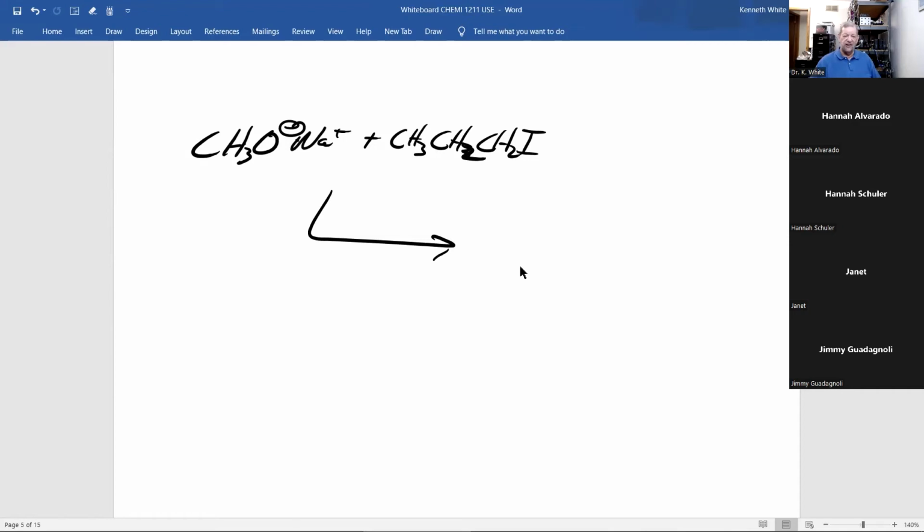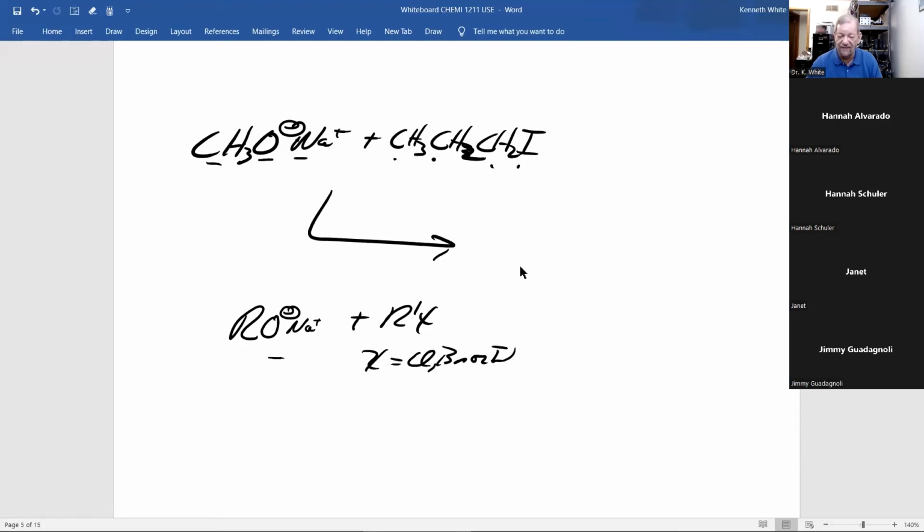Well, if we look at this, what's different? Oxygen minus charged, sodium cation with carbons, that's an alkoxide. And later in one of the labs, I'll show you how we make this, but not now. And then carbon with halogen, that's an alkyl halide. And X can be chlorine, bromine, or iodine.